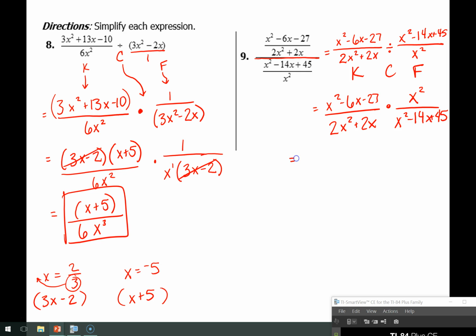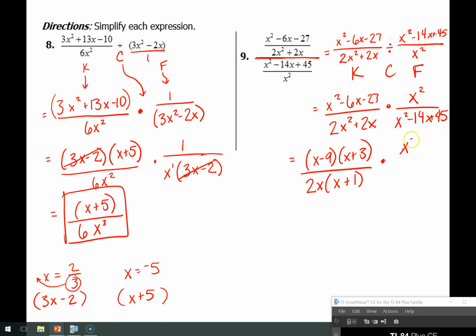And then we are going to do all the factoring that we can. So let's see, for this first numerator, we can do x minus 9 times x plus 3. In the denominator, you have a GCF of 2x. So that gives us x plus 1.